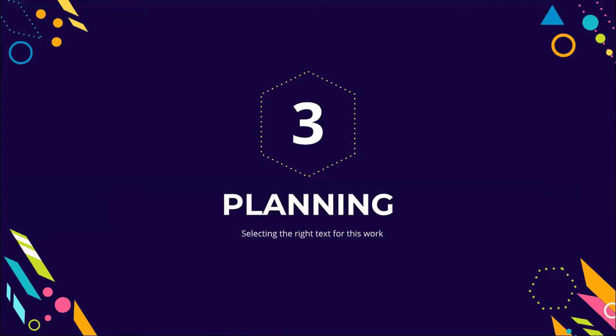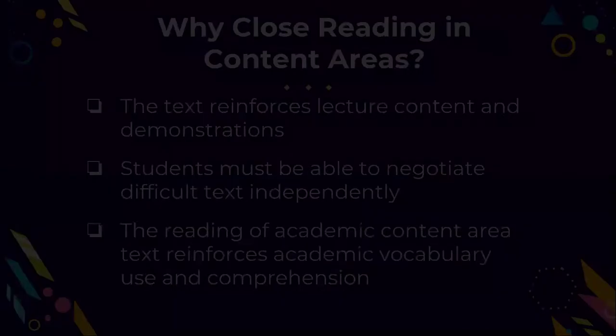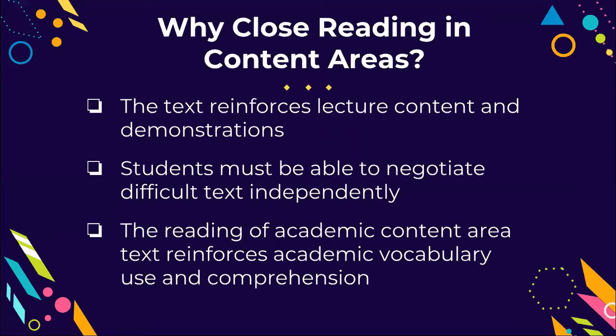So how do we select the right text for this work? One consideration is, like I just said, the framework actually explains that the more you know, the more you know. So the more times you apply it in different contexts, the better you get at it and the more you get out of your experience. So text reinforces lecture content and demonstrations.